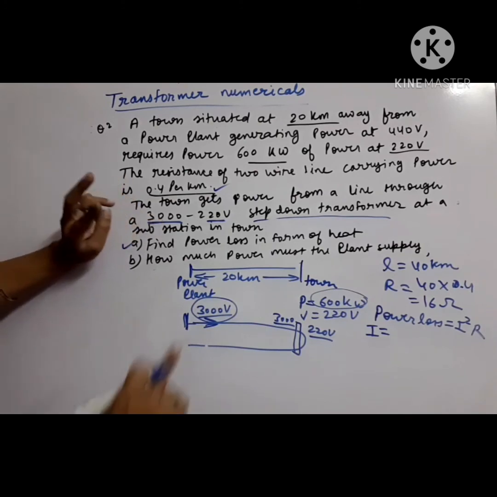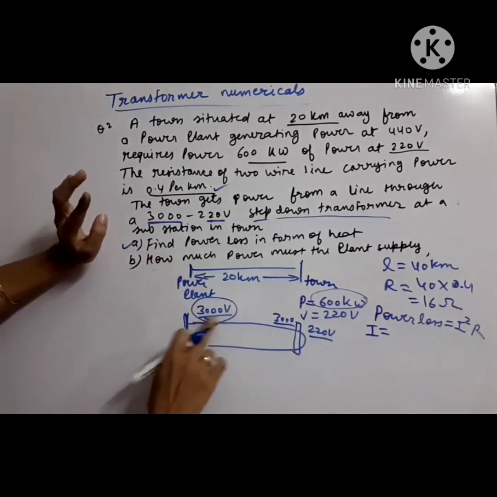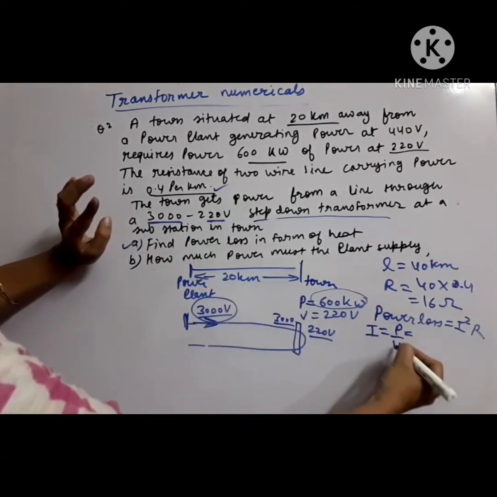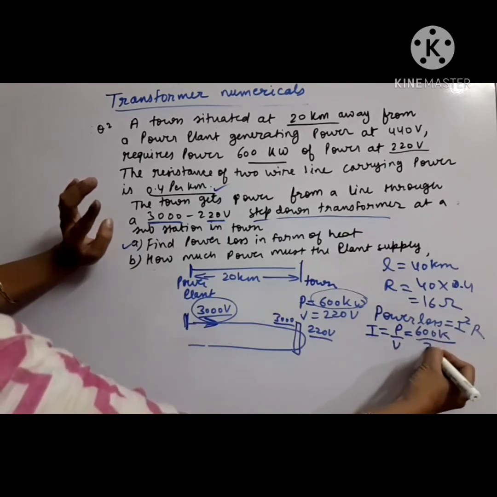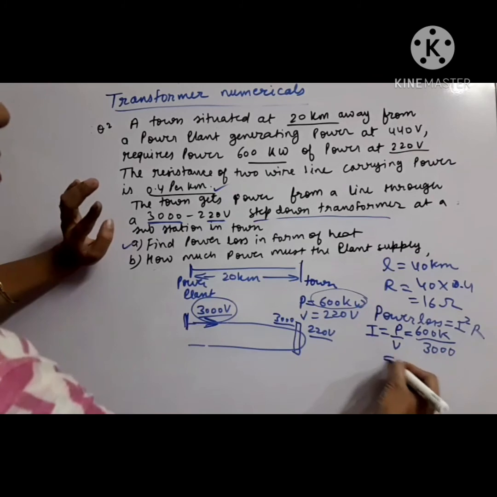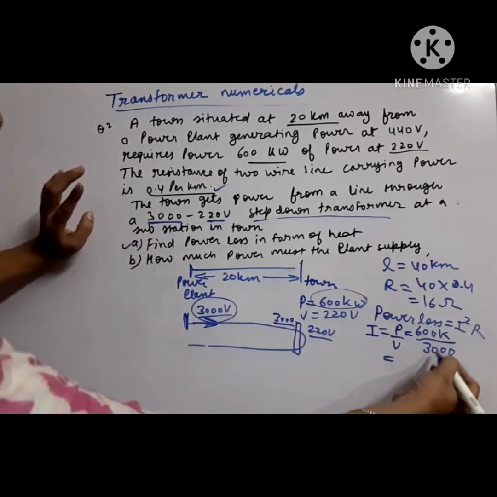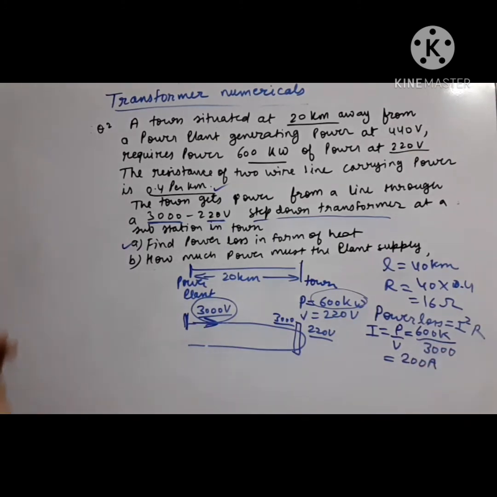Which volt will you be taking? At high voltage the transmission is always done. So at 3000 the transmission is done. So power upon voltage is the formula. So 600 kilo upon 3000 volt we have to apply. Kilo and 1000 are cancelled, so 200 ampere current will be obtained.